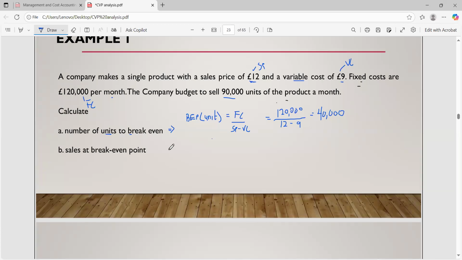Thank you. Now, it becomes easy for me. This is in units, please. So write 40,000 units because that is the requirement of the question. Now they are saying sales at break-even point. So here they are asking you to find BEP in sales.